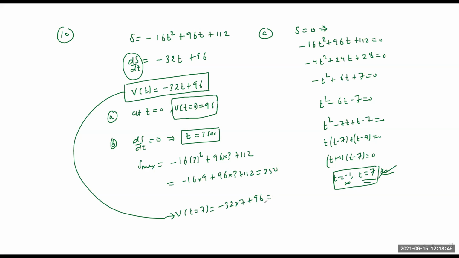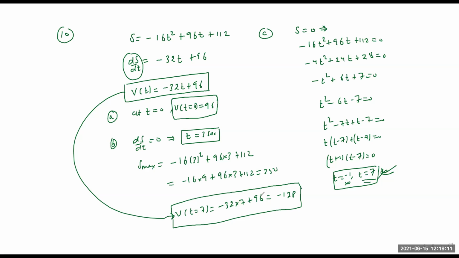Now velocity can be negative because it means it's going down. Velocity can be positive, it means it's going up. So that is not an issue. What did you ask? What is the velocity when s is 0? So we got the answer s is 0 at t equals to minus 1 second and t equals to 7 second.